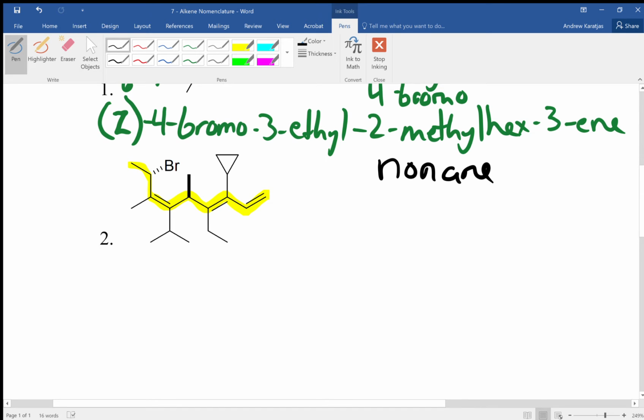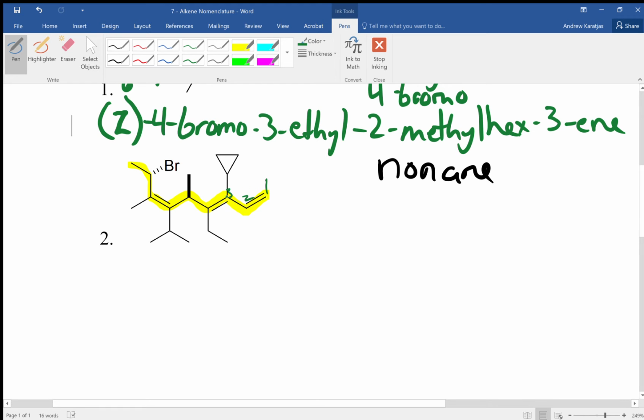Now, which way do we number it? Well, unlike the last example, this one there's no ambiguity at all. If we start on the left side, we have to go to our 3rd carbon before we find an alkene. But if we start on the right side, there's an alkene right away on that 1st carbon.